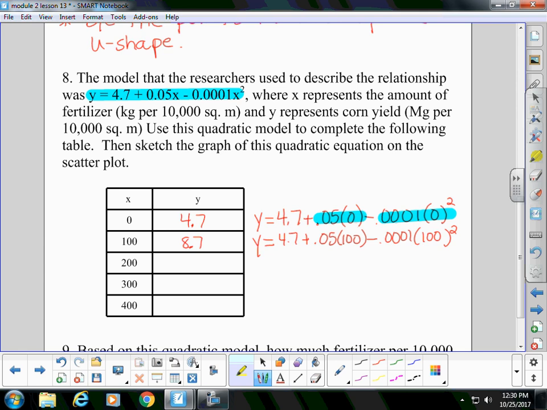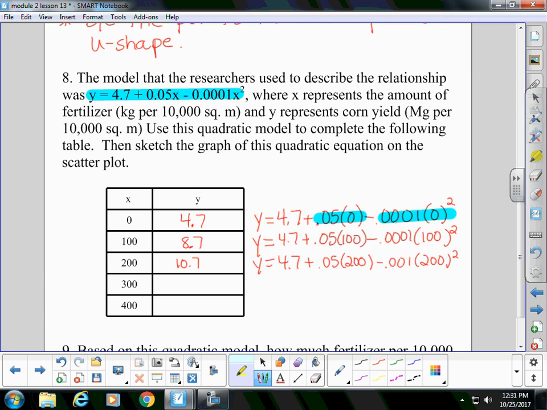Okay, now the next time around, I'm going to change this to 200, and I'm getting 10.7.